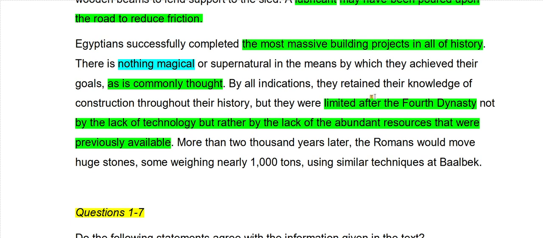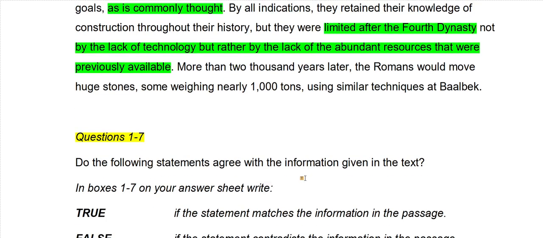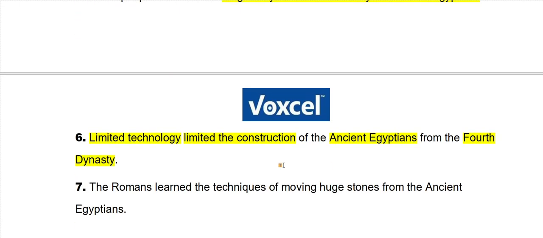But the question is saying, from the 4th dynasty onwards, they were limited because of limited technology, but no, they were limited because of lack of resources. So our answer to this question will be false.